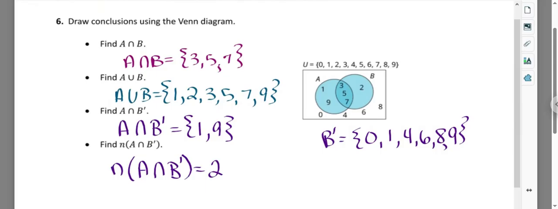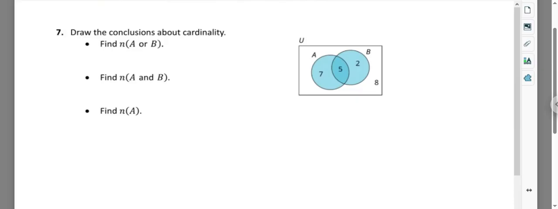So when we're looking at the next group, there are 5 numbers that are in both. There are 2 numbers that are just in B. There are 7 numbers that are just in A. And there's 8 that are in neither of those sets.